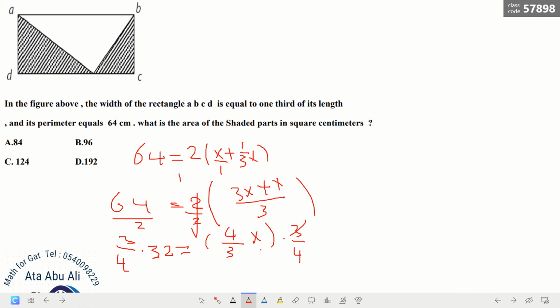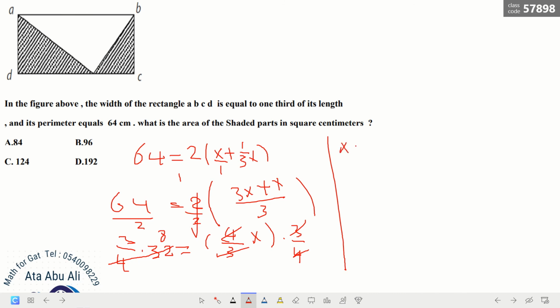3 divided by 3 is 1. 4 divided by 4 is 1. Then here, I can simplify 32 with 4 is 8. Then I multiply 8 by 3, which is equal to 24. So x is equal to 24.